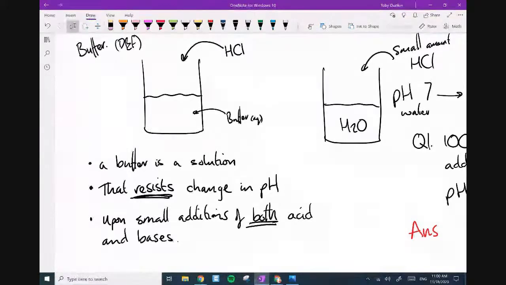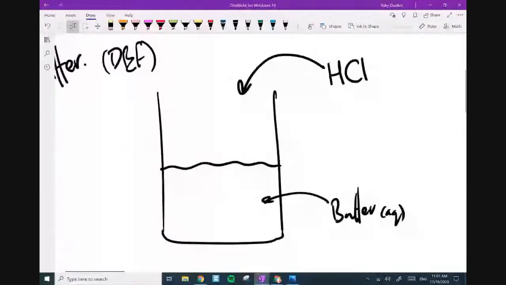Okay, so how is that possible? So let's look at the picture again. We know for a fact that if I add hydrochloric acid to a solution, it is going to produce H pluses. And we all know, thanks to the chat, that the pH is therefore going to drop. Now, what that means is, in order for me to resist that, I am going to need something else in the beaker that is going to counteract it.